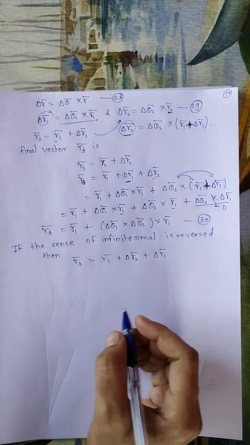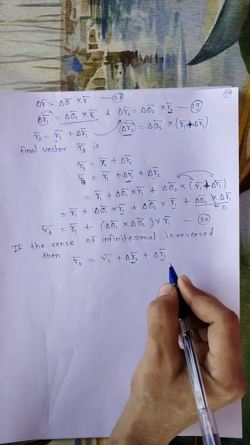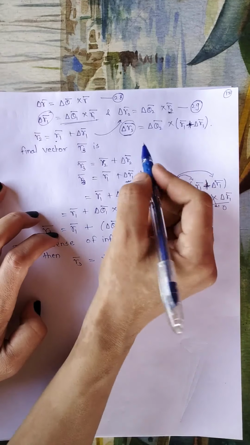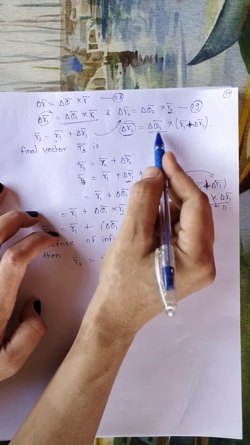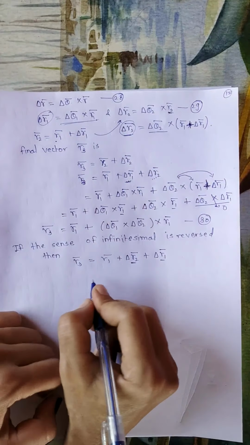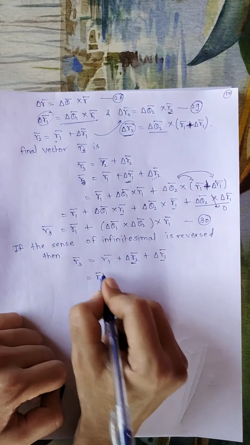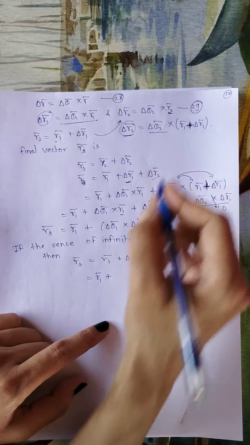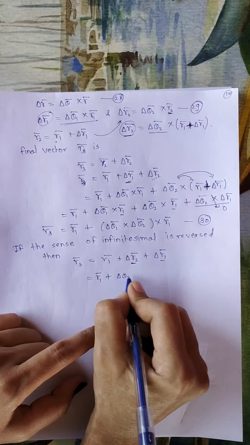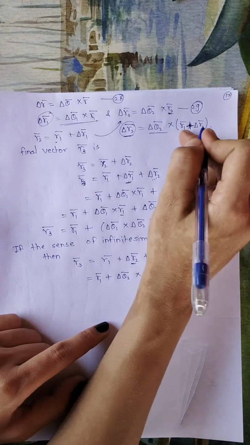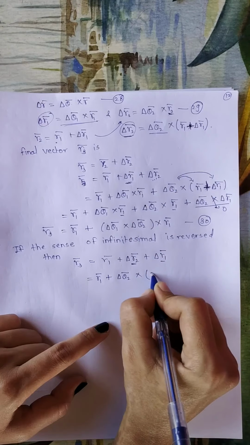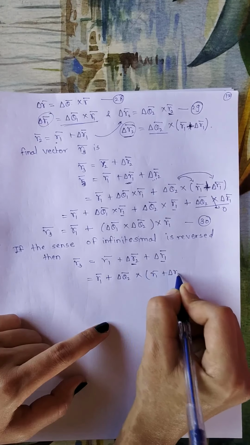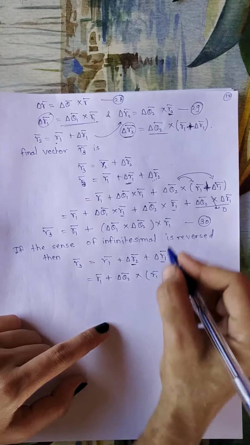Now again we will substitute delta r2 and delta r1. So delta r2 is this and this is our delta r1. Let's put r1 bar as it is. Delta r2 is delta theta 2 crossed with r1 plus delta r1, so r1 bar plus delta r1 bar plus, what is our delta r1?